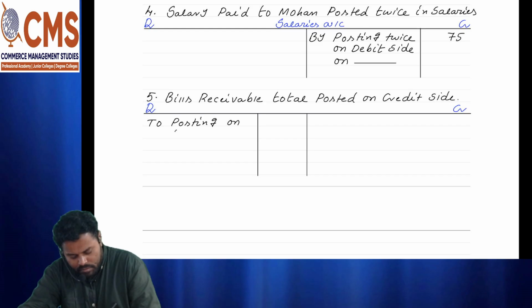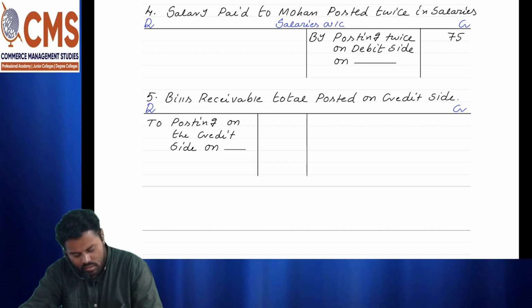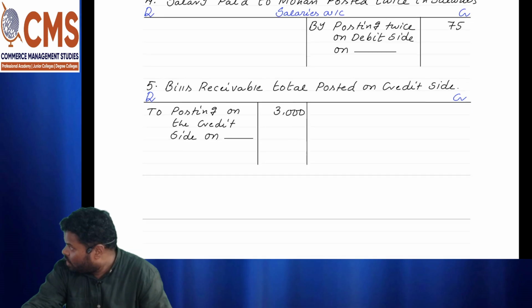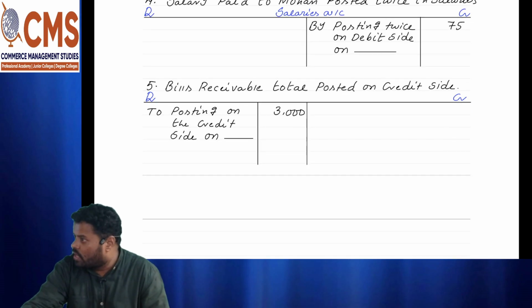Posting on the credit side on. Yep. So how much amount are we writing? 3,000. Why? Because you wrote the amount on the credit side. In order to cancel that 1,500, we are writing 3,000.